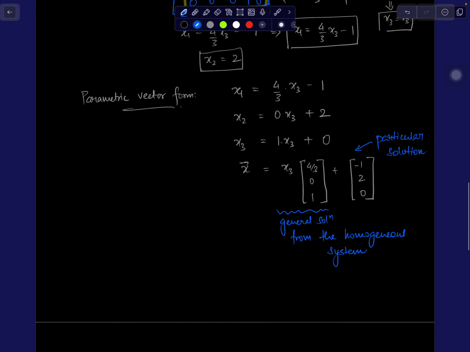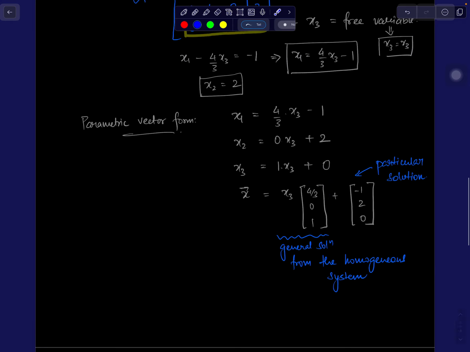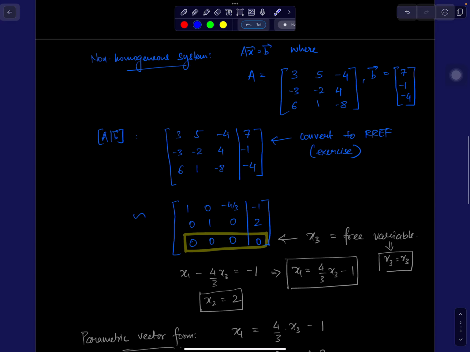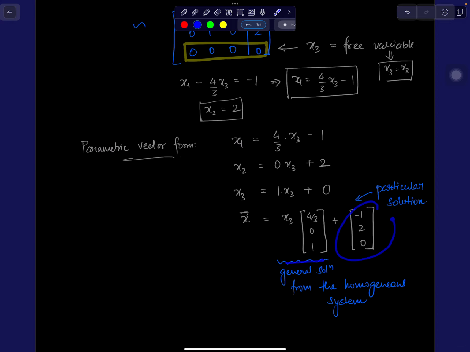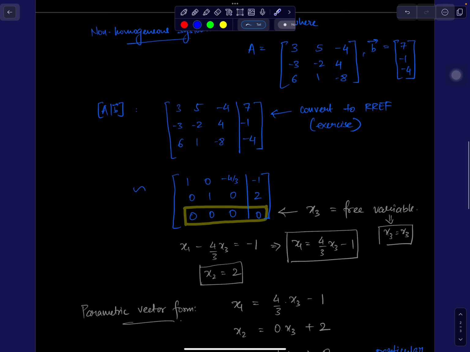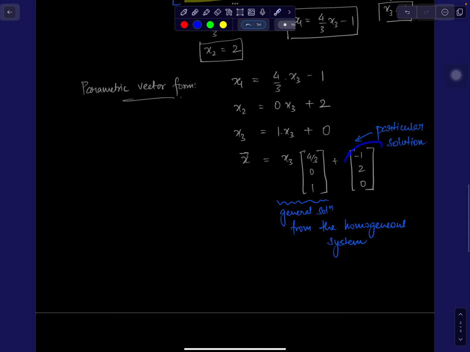Okay, so this is one very important thing that you should come away with, which is that your non-homogeneous system solution will always have the corresponding homogeneous one. Basically, what will that mean? The corresponding homogeneous version would basically mean that these are all zeros, right? So you will have the solution to that plus some particular vector, which will depend on this b vector that you have, right? So if I change this b vector in my system, then I will have a different vector here, and that's why it is called the particular solution for this system.